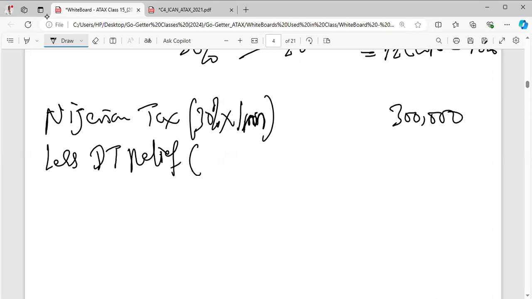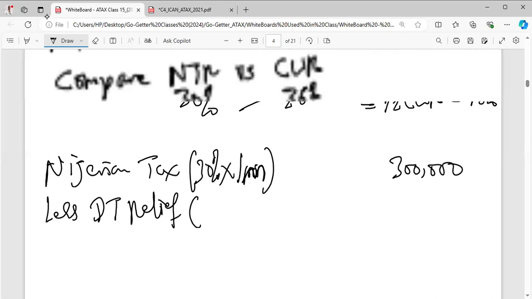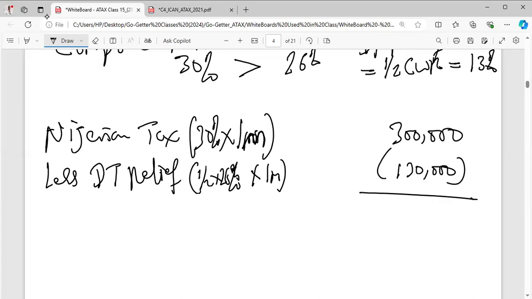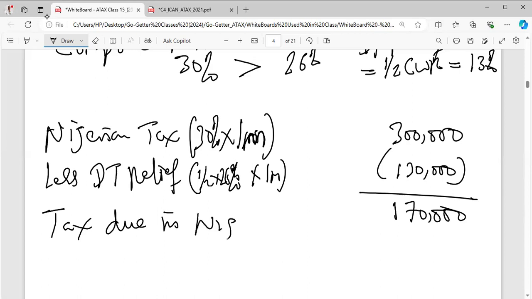So the DT relief is going to be half of 26%, which we know is 13%, right? Times 1M, which is 130,000. So that will give us 170,000. So this is the tax due in Nigeria. It's going to pay 170,000.